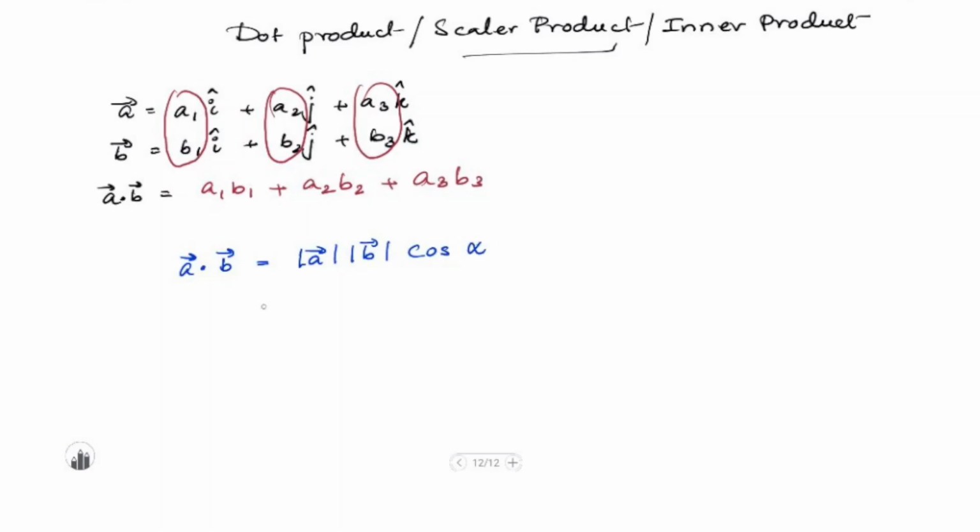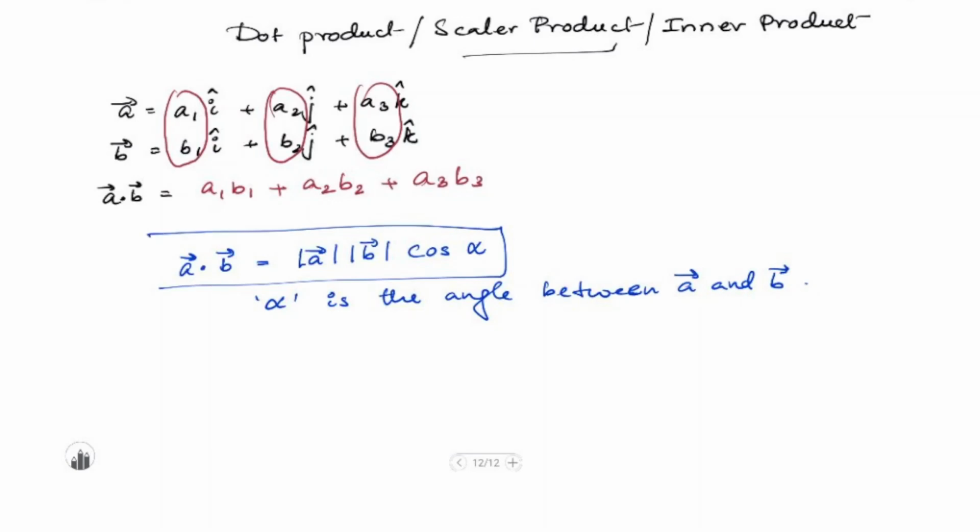So in this place here, alpha is the angle between vector A and B. So we'll be using this formula too in this course, and of course the dot product formula.